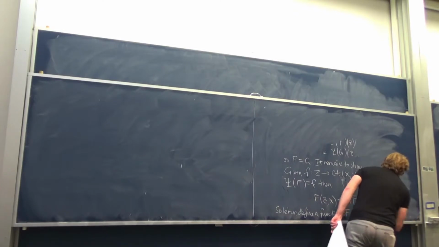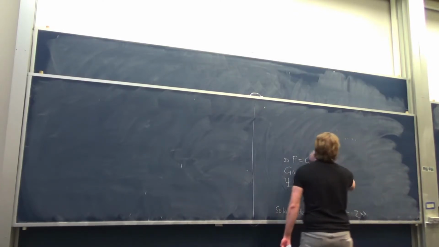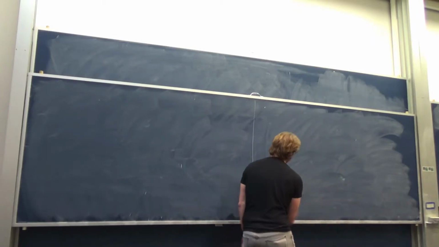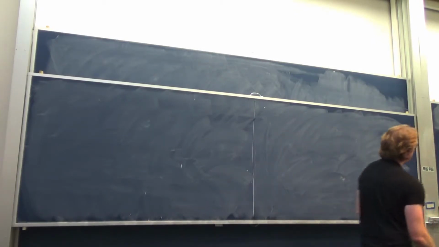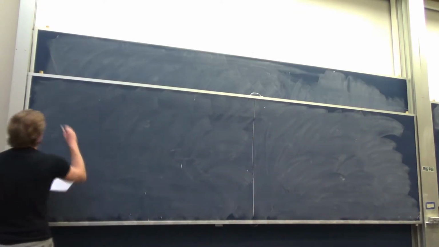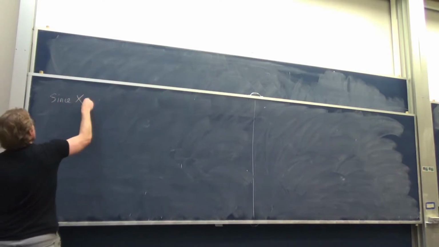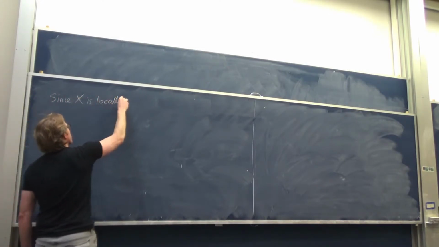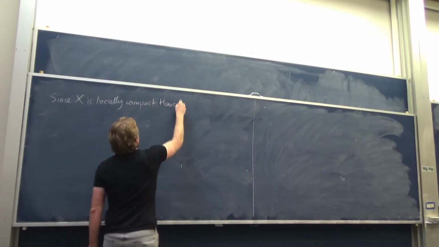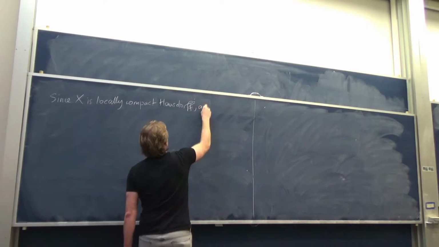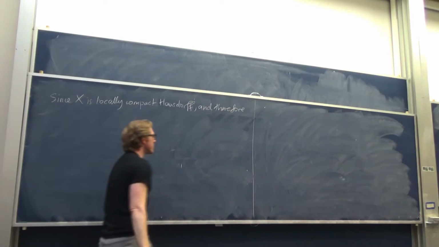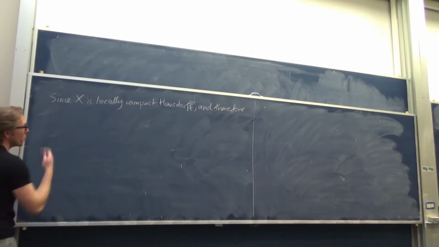So we assumed that X was locally compact Hausdorff. That means we can do the following thing. Since X is locally compact Hausdorff, and we proved last time that such a space is regular, remember regular meant I could separate a point from any closed set not containing the point by open neighborhoods.